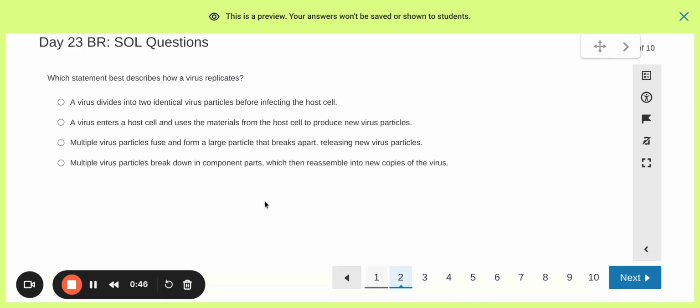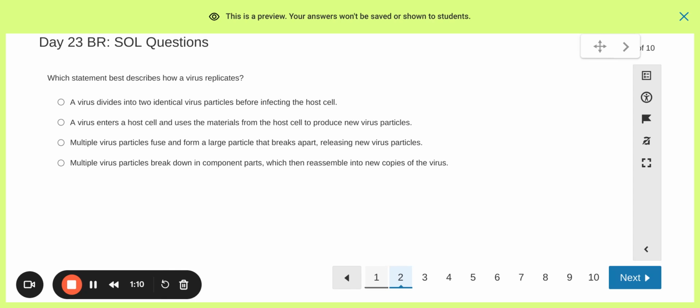Number 2. Which statement best describes how a virus replicates? So a virus is not considered an organism because it cannot reproduce on its own. So let's see which one of these statements works. A virus divides into 2 identical virus particles before infecting the host cell.